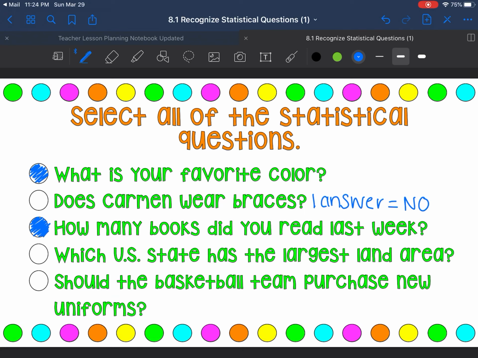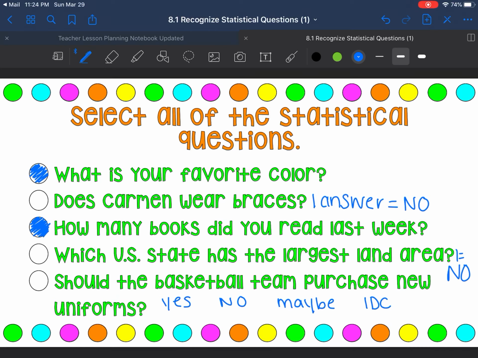All right. Which U.S. state is the largest land area? It can only be one state, right? One answer equals no. All right. Now, this next one's a little tricky. Should the basketball team purchase new uniforms? You can have a bunch of different answers, right? Some people may say yes, some people may say no, some people may say maybe, some people may say I don't care.